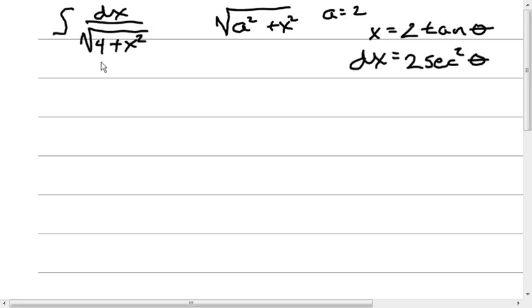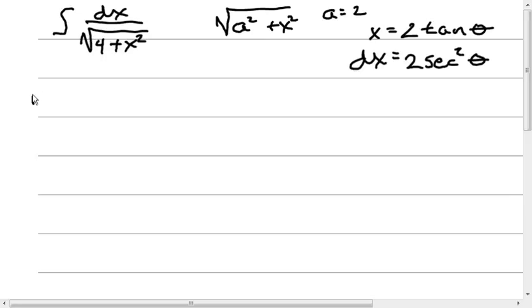Now let's go back over here, and you will at some point probably memorize what this turns into. But let's substitute in 2 tangent theta and do some calculations to see what this denominator becomes. We know that the numerator is 2 secant squared theta, but let's deal with the denominator first.